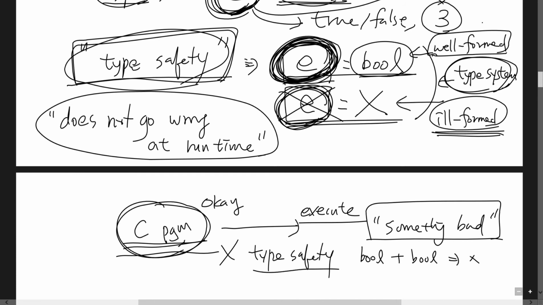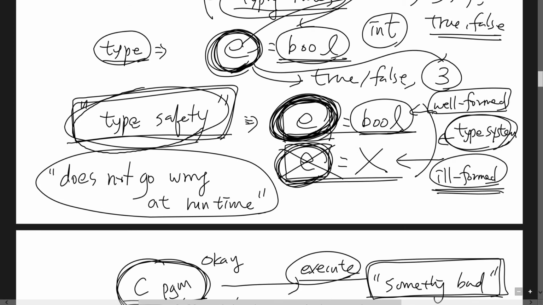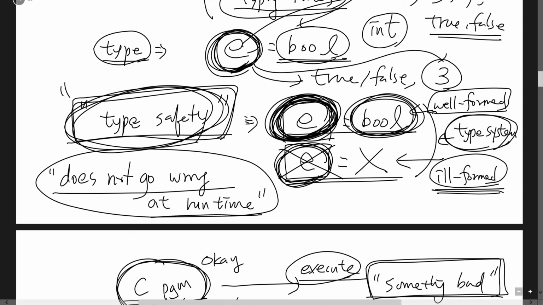So even if this program is well formed, at runtime you might encounter some stupid bugs. That's not the case for a language with type safety. This type safety guarantees that if your program is well formed or well typed, then it does not go wrong at runtime. So we will come back to this property, type safety, later.